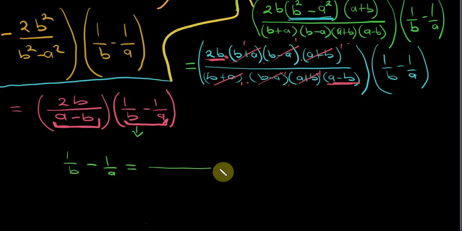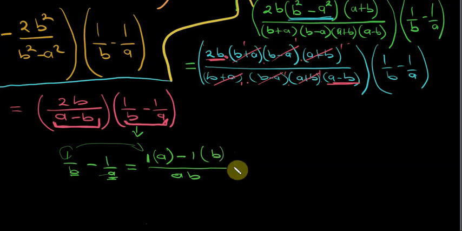I need to find the lowest common multiple for the two denominators, so just multiply them, ab. Then write 1 as it is, multiplied by a, and carry the sign, minus 1 multiplied by b. So there we have it, a minus b over ab.